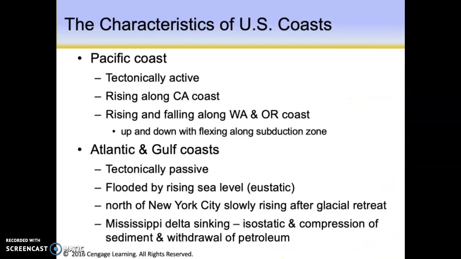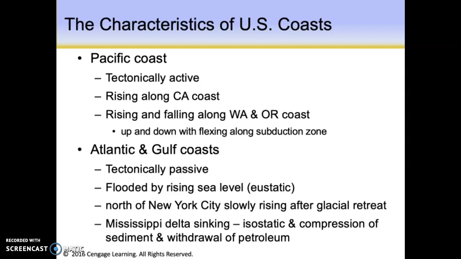With respect to U.S. coasts, if you want to see some of these things we've talked about on a coastline, if you go to the west coast, the Pacific coast, it's tectonically active. We mentioned that earlier. Most of the California coast is actually rising up above sea level.